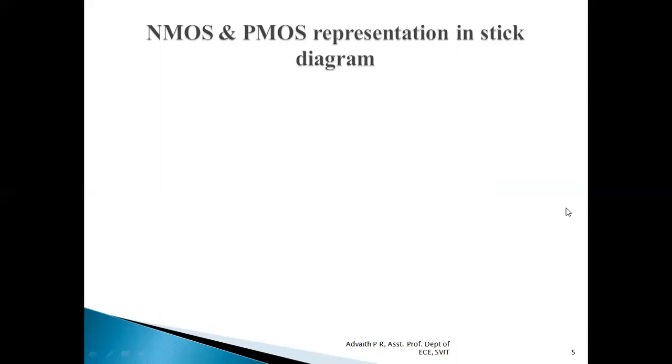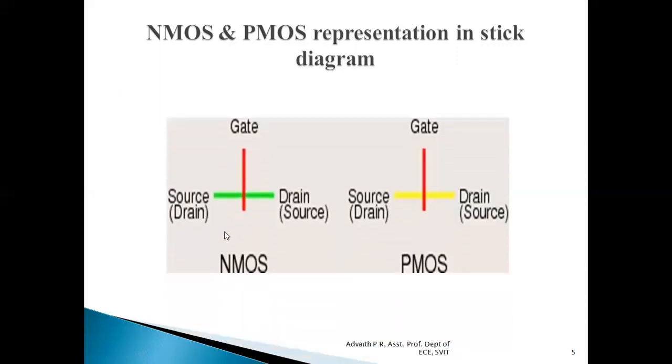Now let us see how NMOS and PMOS are represented in a stick diagram. The NMOS transistor and PMOS transistor are shown in this particular figure on the left hand side and right hand side respectively. N-type diffusion is represented by green color.